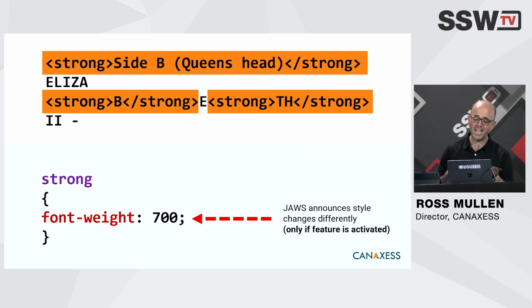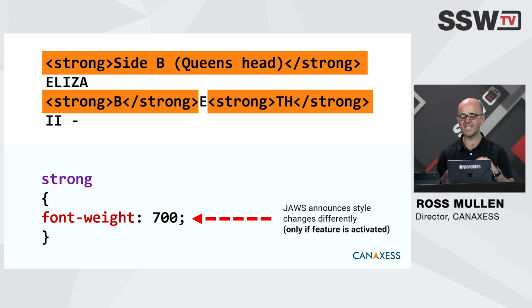Unless a visual style accompanies the strong element, in some situations this is announced by the screen reader, with a few caveats. If the strong element is combined with, say, being bold, and if that feature is turned on within the screen reader, they are announced.